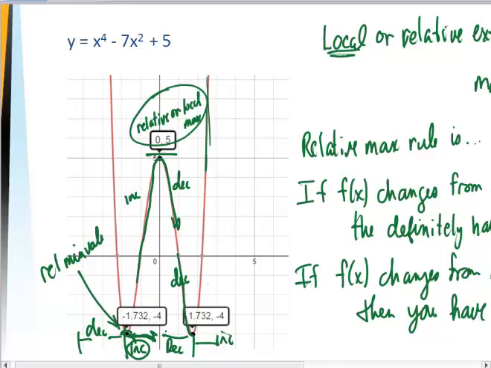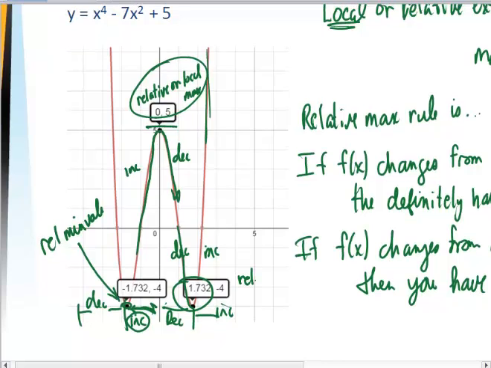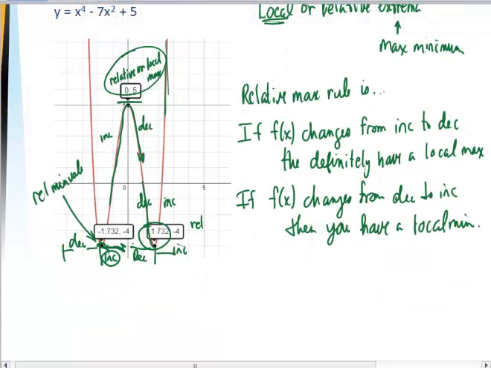That point where you change is another relative min. So it seems pretty simple, but when we ask you for an explanation of what the relative max and relative min is and how you know you have one, we need to see you explain it with these explanations.